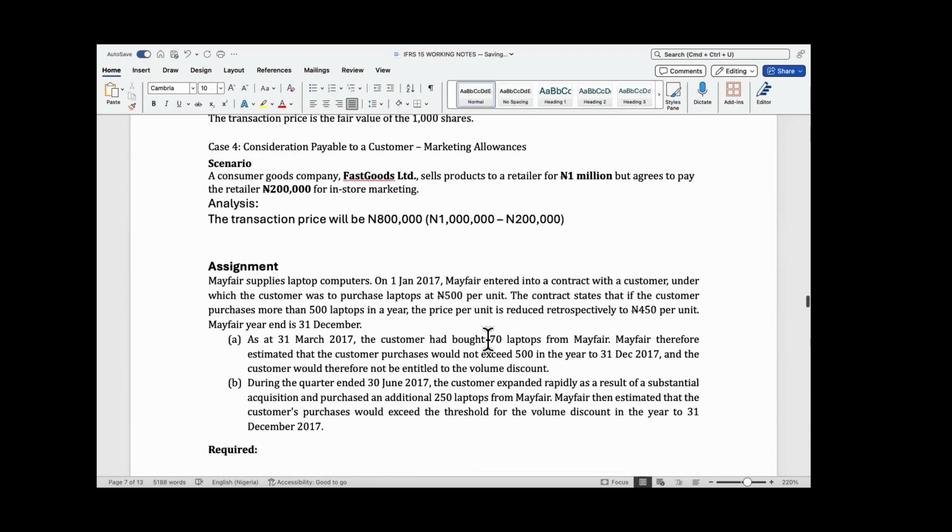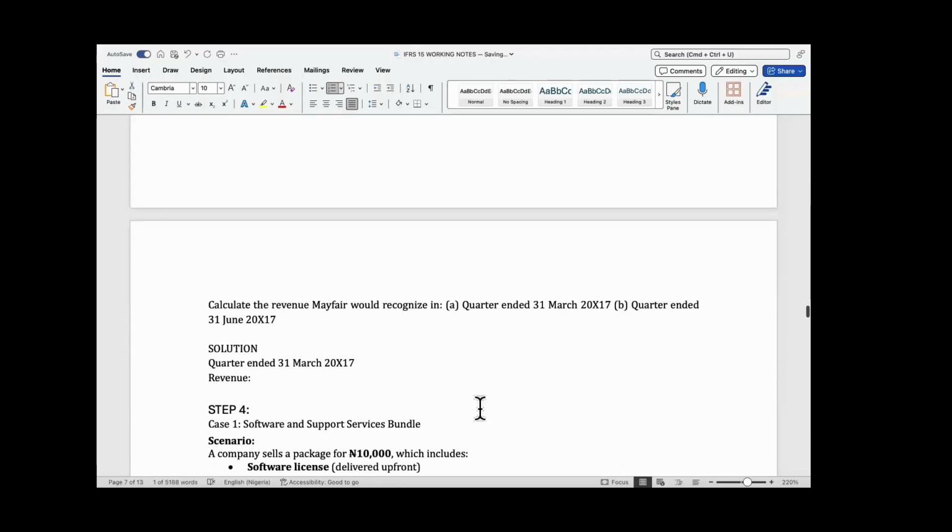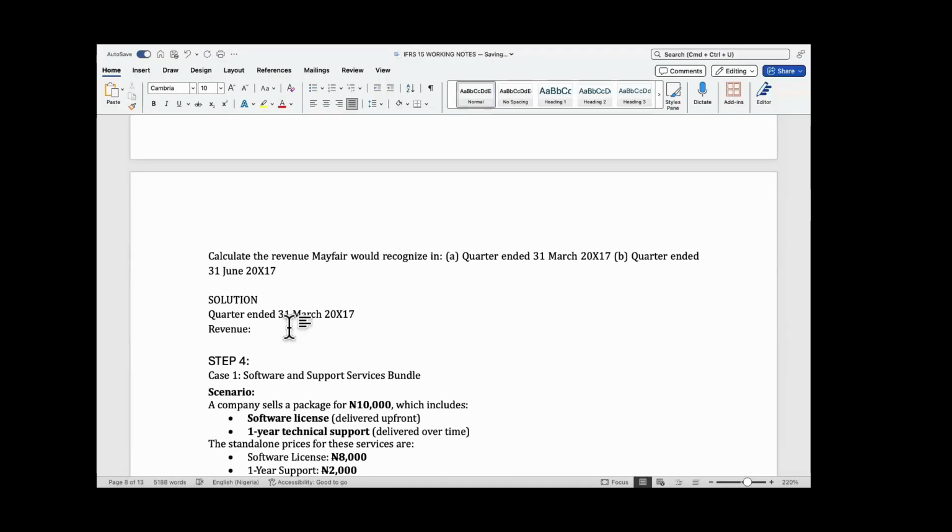Since the customer only bought 70, and we have estimated, based on the information we have as of March, that it cannot exceed 500, the revenue is the number of units he bought, 70 laptops, multiplied by 500 naira per laptop, and that's 35,000. That's the revenue we recognize.